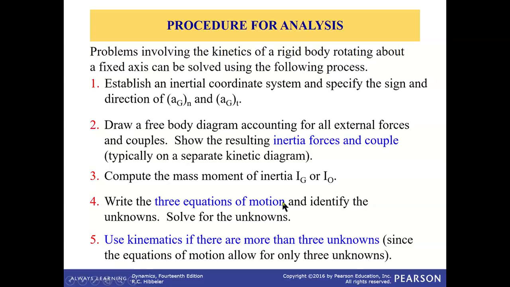Then write the equations of motion, identify the unknowns, and solve for them. Use kinematics if there are more than 3 unknowns, since the equations of motion allow only for 3 unknowns. Okay, so that's the procedure for analysis of a rigid body in pure rotation.